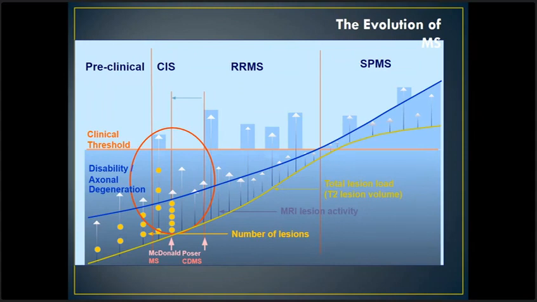This timeline of multiple sclerosis has nowadays been changed by the available treatment. But we should have criteria to detect multiple sclerosis as early as possible. So if we say multiple sclerosis, the synonymous term should be early diagnosis, because early diagnosis means early treatment.